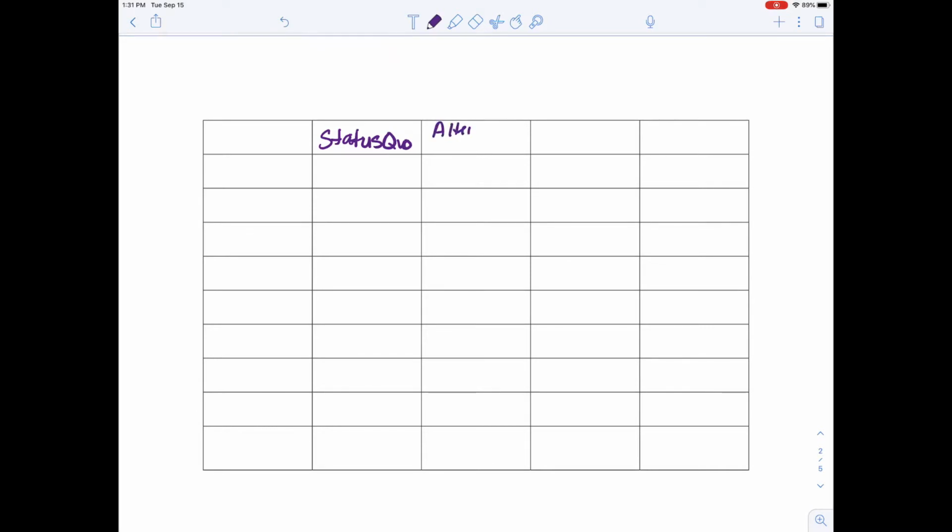This is my alternative, which is accepting that special order. And then we're going to look at what the difference is. In your homework, it wants you to note whether this is higher or lower. What effect is it having?